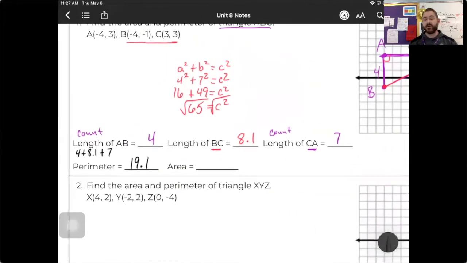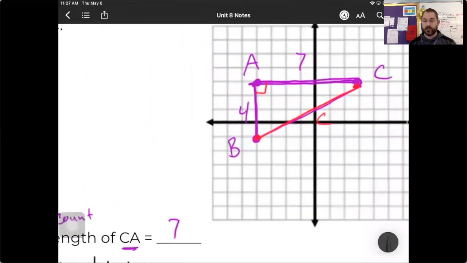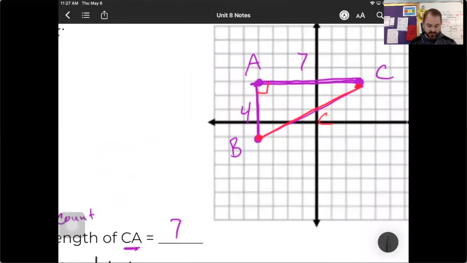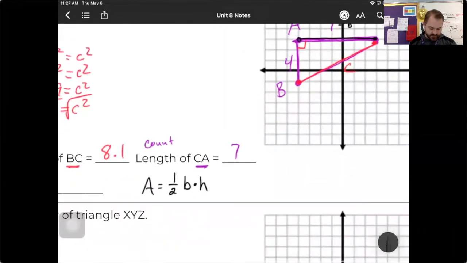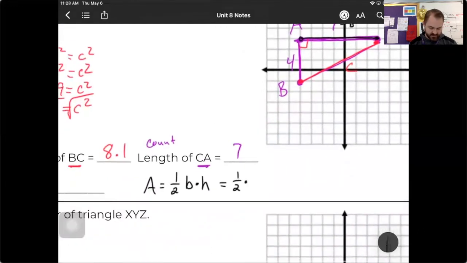For area, we're going to use the specific area formula. Area of any triangle is 1/2 base times height. Well, on our graph, one side I'm going to use for my base is actually this side, AC, because I already know it's 7. So that's 1/2 times the base 7.